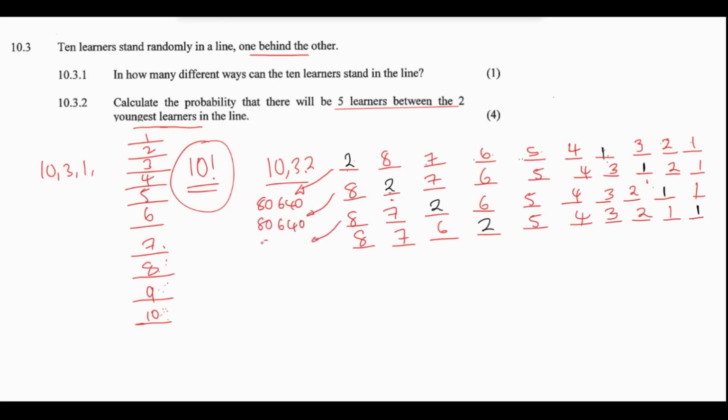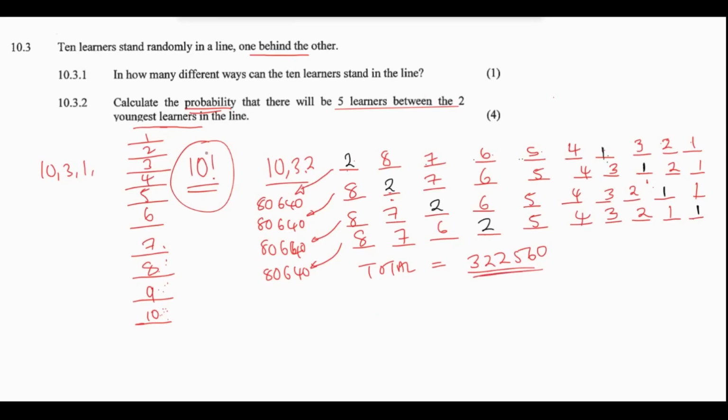Then 80,640 times 4 gives the total arrangements: 322,560. But the question says, calculate the probability that there will be 5 learners between the 2 youngest learners in the line. So this is the number of the total arrangements.